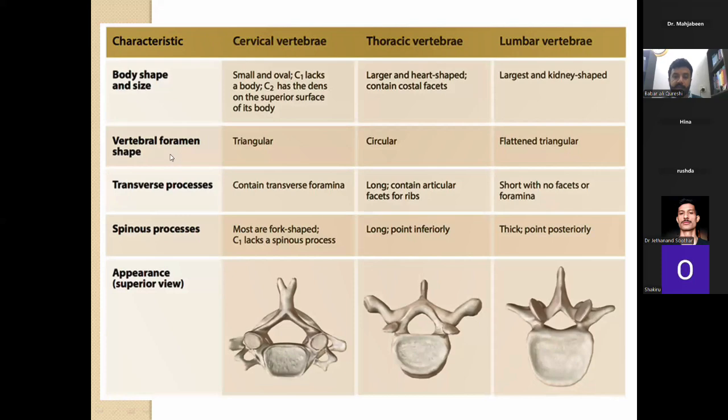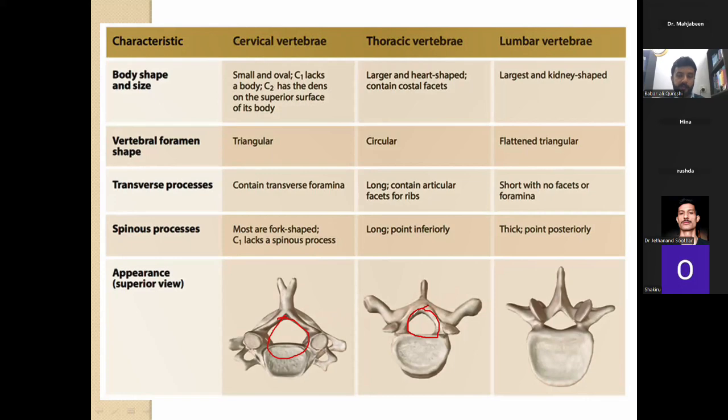The vertebral foramina in the cervical region is triangular, and the important thing from the anatomical point of view, as well as from the pathological point of view, is that the cervical region has a large canal, so comfortably the spinal cord passes through it, whereas the dorsal or thoracic vertebral body, I'll be calling it the thoracic vertebral body or the dorsal vertebral body, both are the same thing.